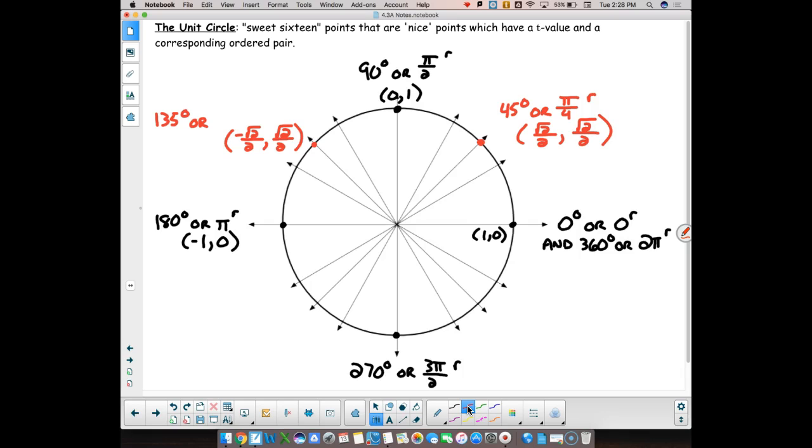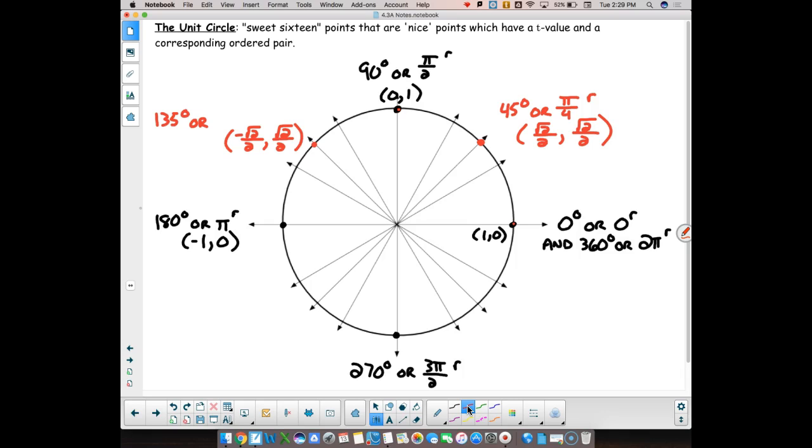Counting radians again. Here, if I started here and I went to here, that got me pi over 4. Then I go to here, that's another pi over 4, right? Pi over 4 plus pi over 4 is 2 pi's over 4, which reduces to be pi over 2.